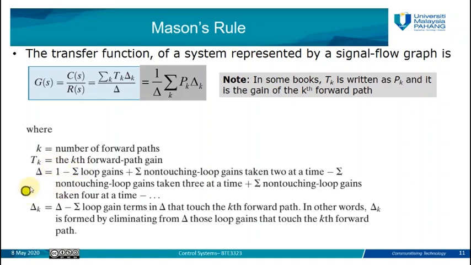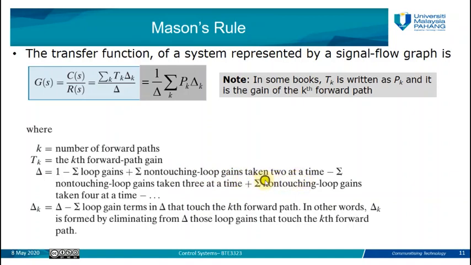The value delta in this formula equals 1 minus the summation of loop gains. We already mentioned the definition of a loop and the definition of loop gain. So we need to find the summation of the loop gains together, and we put 1 minus the summation of loop gains. Then this sign becomes plus the summation of non-touching loop gains, taking two at a time.